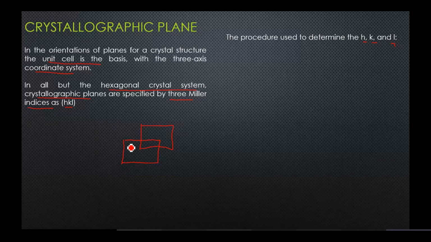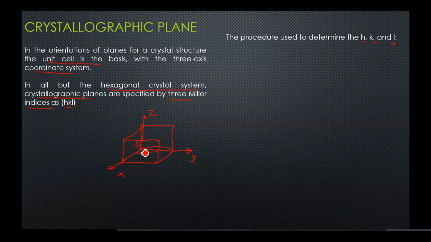This is my unit cell, and I'll take the simplest plane. Before I take the plane, I'll specify my axes: this is the positive y-axis, this is the positive z-axis, and this is the positive x-axis. Let's say I highlight a plane.